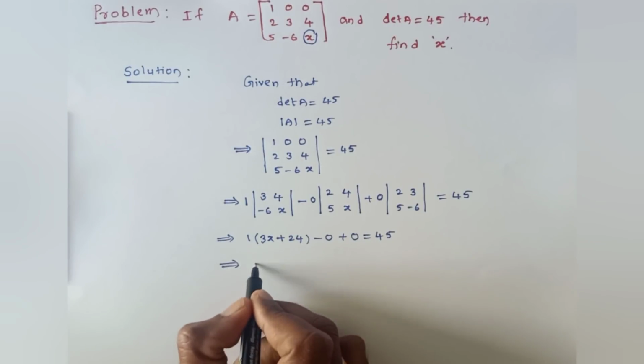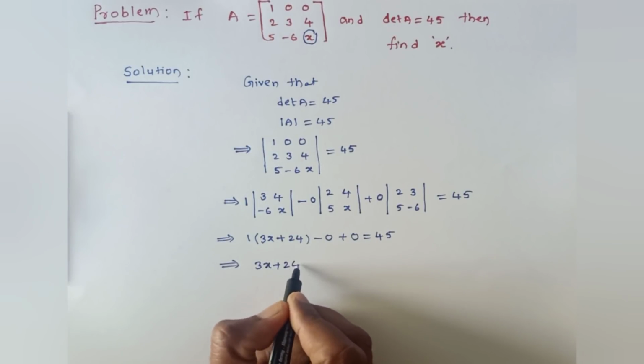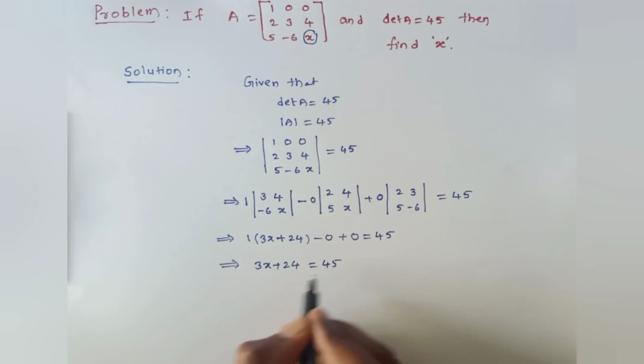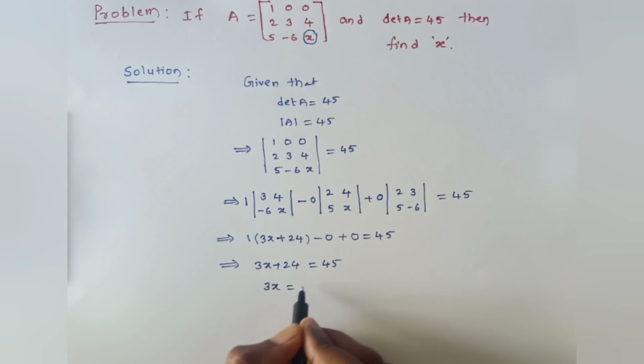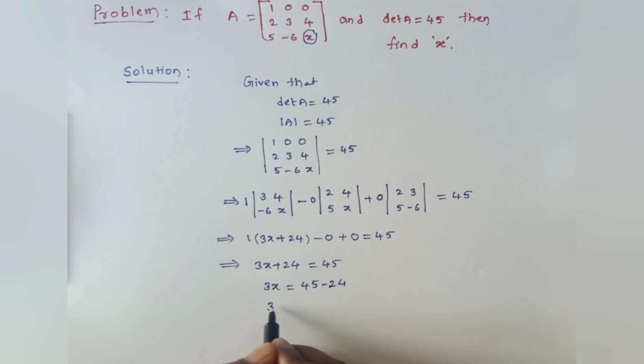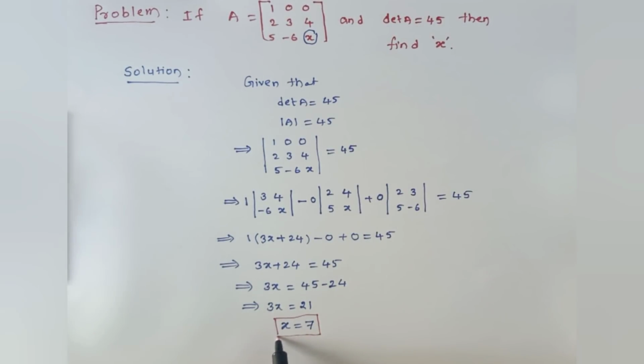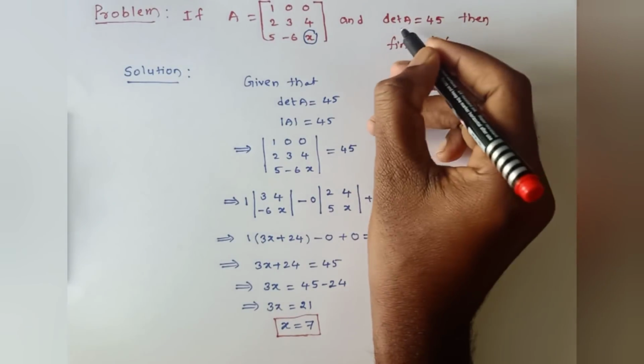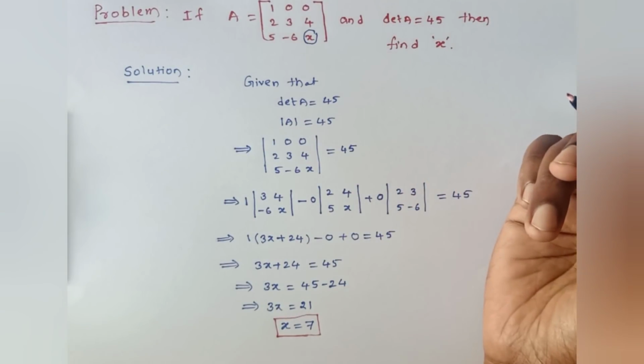So 3x plus 24 is 45, and 3x equals 45 minus 24. 3x is 21. Then the value of x is 7. So if the value of x is 7, the determinant of the given matrix is 45.